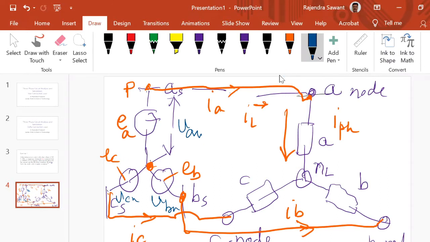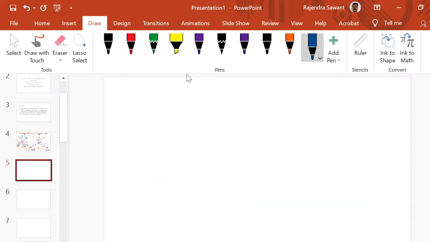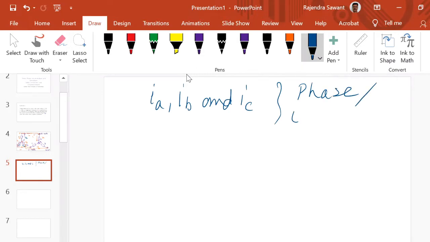So now we shall summarize this. We have defined IA, IB, and IC as the phase or line currents because they are the same. And we have defined a set of phase voltages.